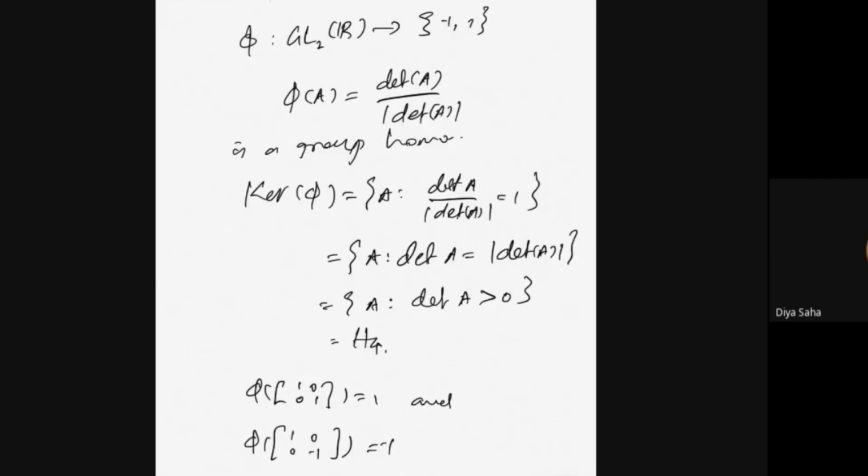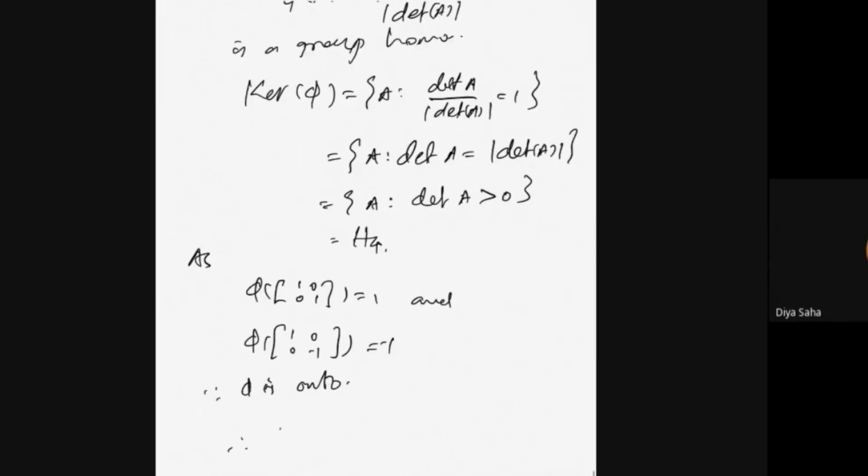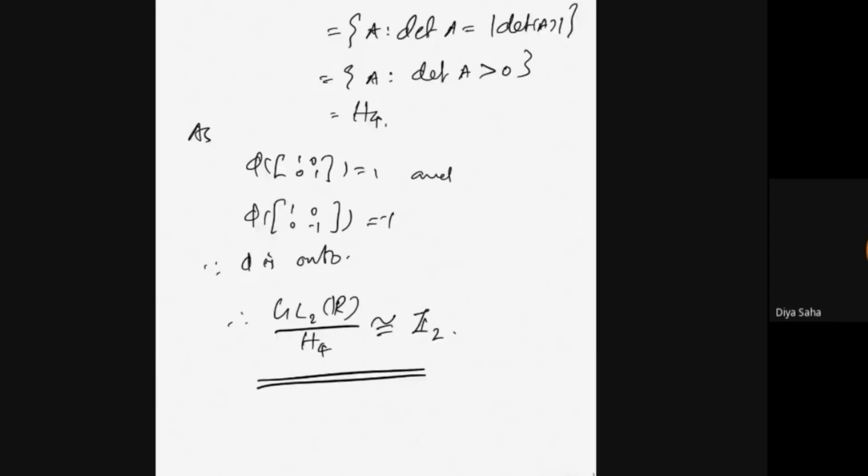Therefore phi is onto. Therefore GL2R by H4, the set of all matrices with positive determinant, is isomorphic to Z2. Okay.